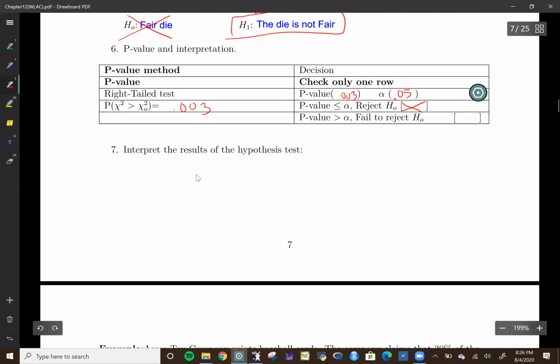Let's write that in our interpretation: there is enough evidence to say that the die is not fair.